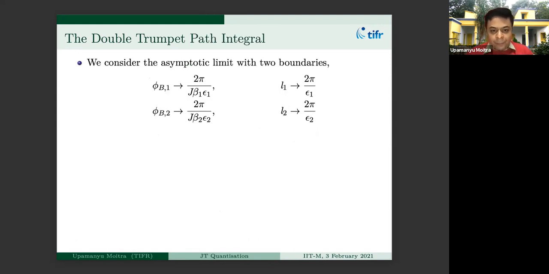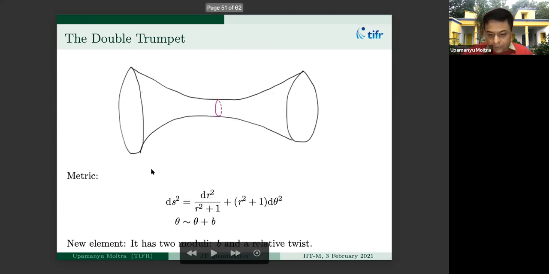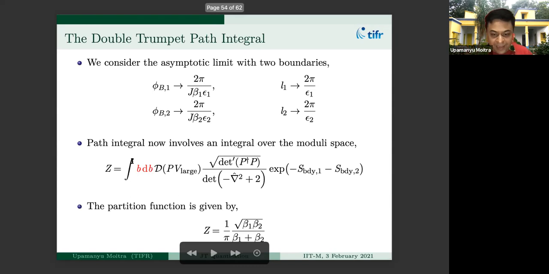Again, in the double trumpet path integral, we consider the asymptotic limit with two boundaries, where the dilaton has these forms and the lengths have these forms, and at the end of the calculation we take epsilon1 and epsilon2 to go to 0. The path integral now involves an integral over the moduli space. In addition to what we had previously in the asymptotic limit, the measure comes out to be b db, and remember, this is an ordinary integral, not a path integral.